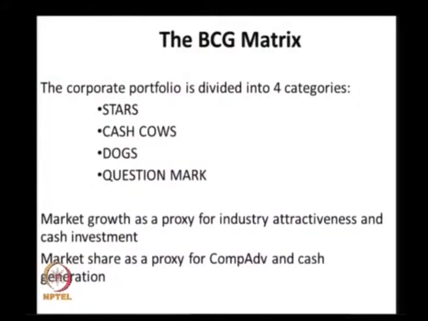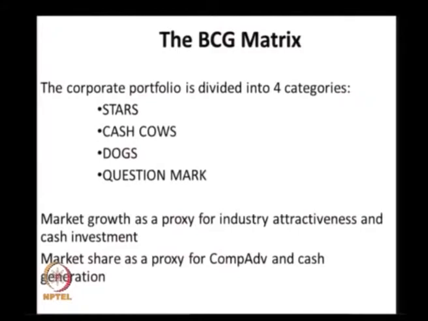Now, as I said before, the BCG matrix divides these group companies into 4 distinct categories, and they are called the stars, the cash cows, the dogs and question mark.